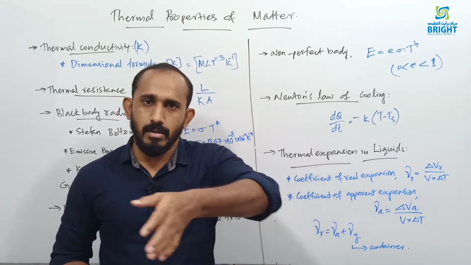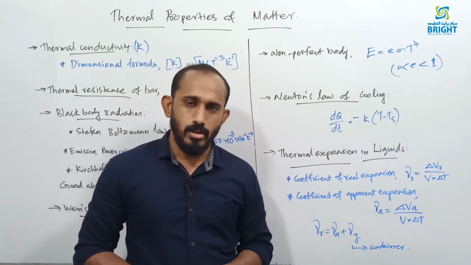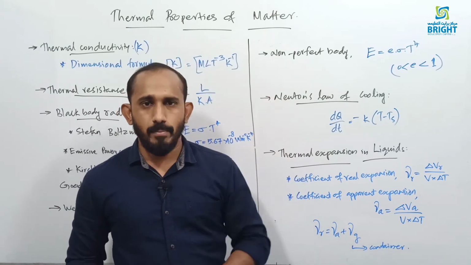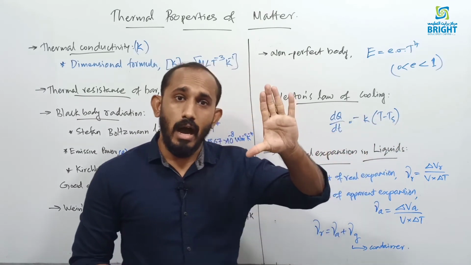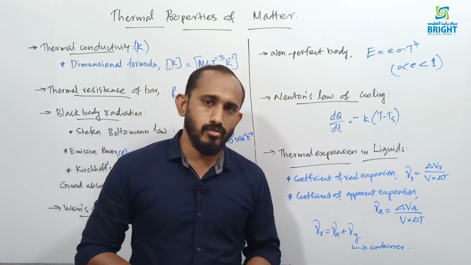For cooling, of course, the surrounding temperature will be less than T, and as time goes this rate will decrease. If this difference is higher, then a fast rate of cooling will be there.